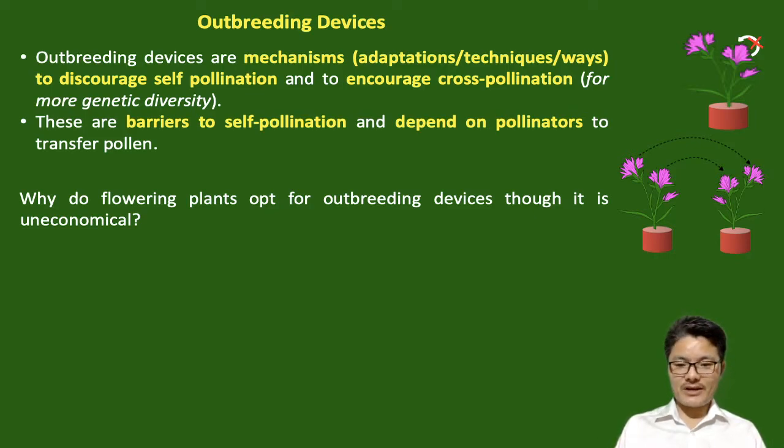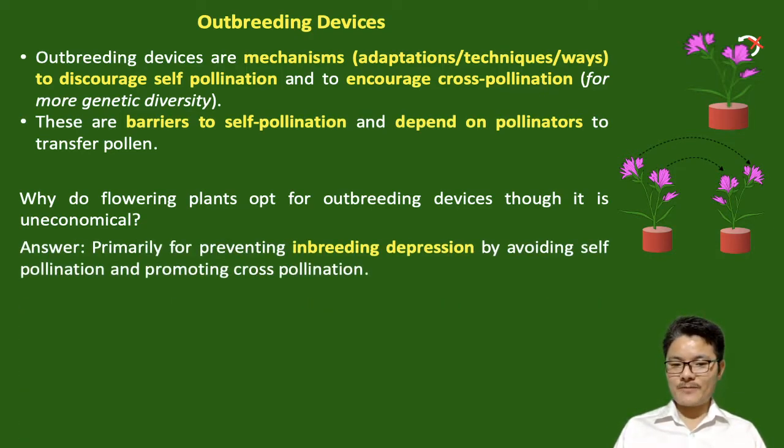Self-pollination is easy to occur, but why are flowering plants making use of outbreeding devices by spending energy, by spending lots of resources? Mainly to avoid inbreeding depression, so that they can undergo cross-pollination, which in a way leads to more genetic diversity, and they are going to survive more by producing fertile offspring.